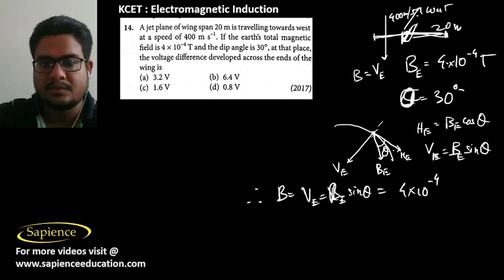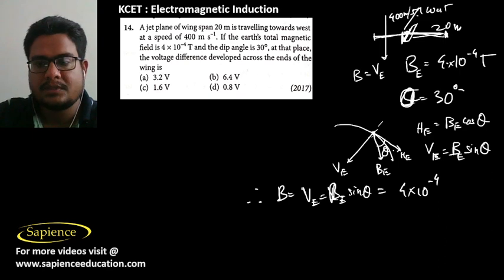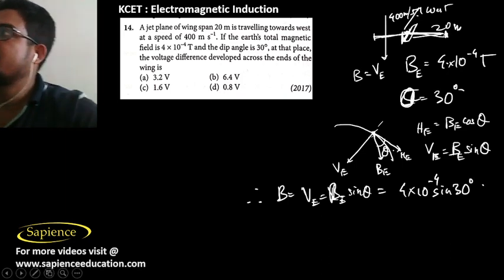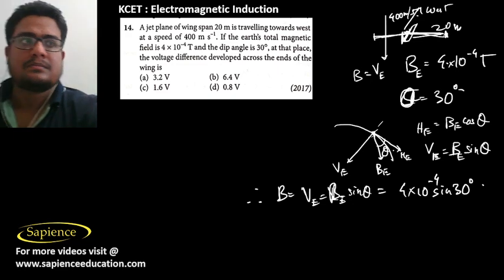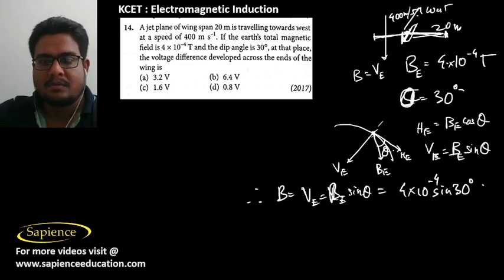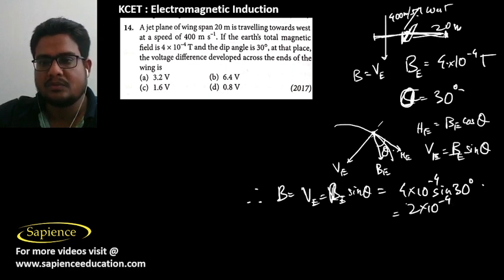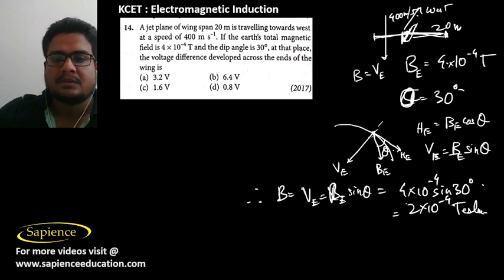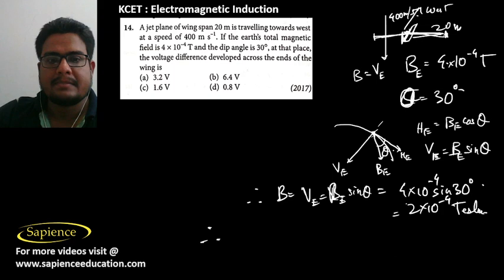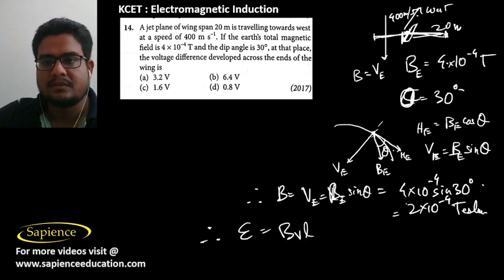So here the magnetic field is equal to B_E sin theta, which is sin 30 degrees. Sin 30 is half, so it is 2 into 10 power minus 4 Tesla. The induced EMF across the ends of the wings is equal to BVL.